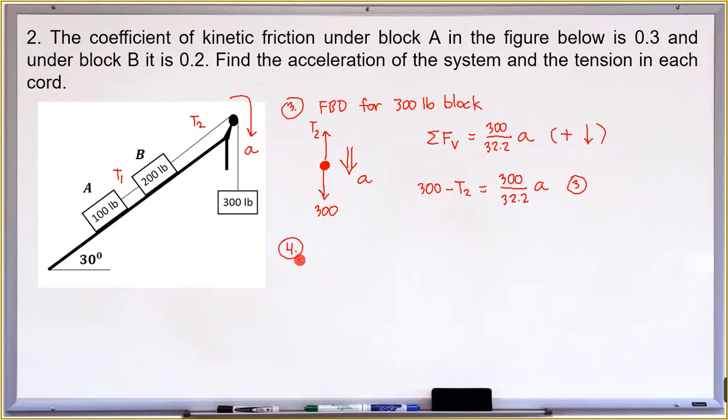So the final step is we're going to combine those equations. So first, for equation 1, we arrange it in a sense that we start with the first unknown T1, followed by the second unknown T2 and the last unknown, the acceleration. So this is how we're going to arrange those three equations.